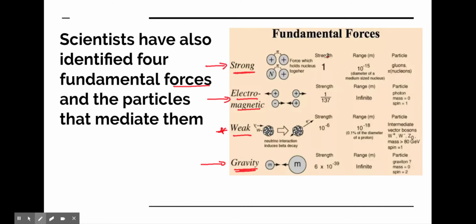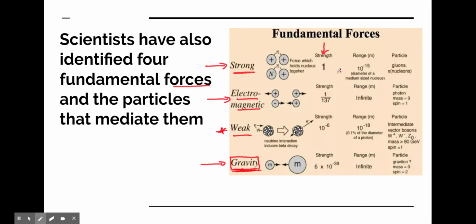And this chart's a good one. We want to understand a couple things about this chart. I wouldn't worry too much about this section, but the big thing that you want to understand is the relative strengths, which is kind of surprising when you consider that gravitational force really is maybe one of the things that you think about every day that permeates your world in your everyday life. It is actually the weakest of all these forces.